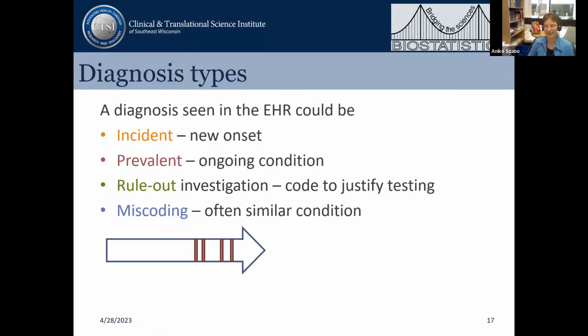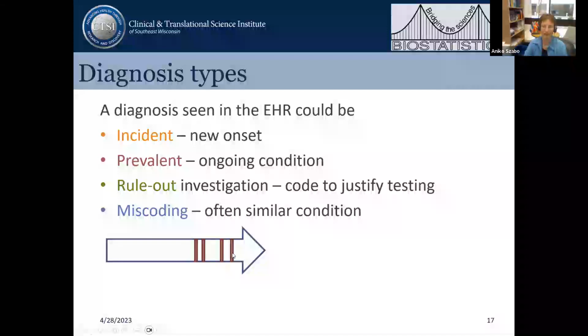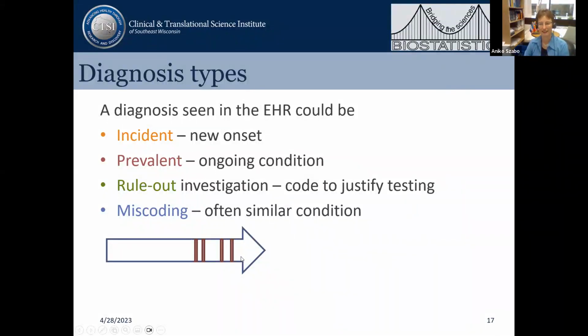So what you get, once you look at the data, is that you have this period for the patient's medical record, and maybe some well-defined code occurs multiple times. So you have to think about how you will decide: is it prevalent, is it incident, is it a new subset, is it maybe a miscoding?